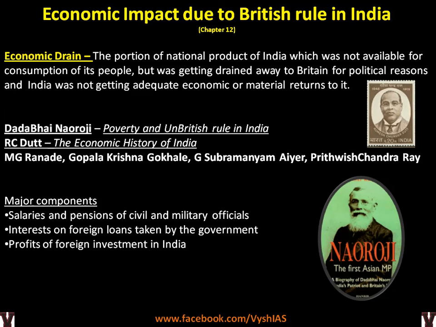That means they will take loans from other countries, and the interest payment was done by Indian money, Indian tax. Profits of foreign investment in India. So people were coming to India and investing in India by crumbling the Indian industries, which we will see later. So whatever profits were gained, everything was going out from India. It was not being useful for any Indians.